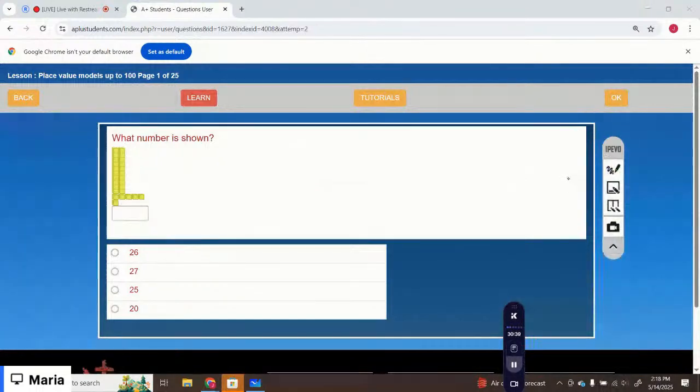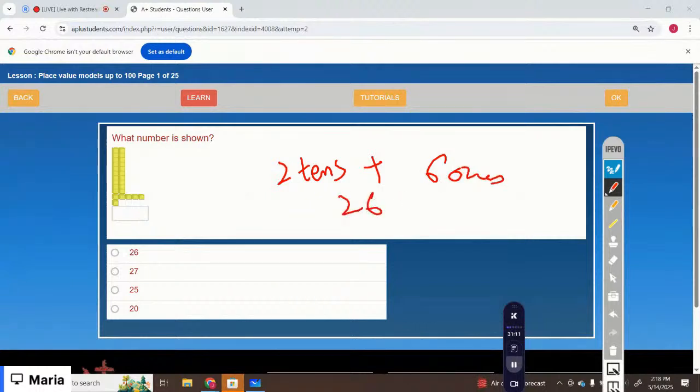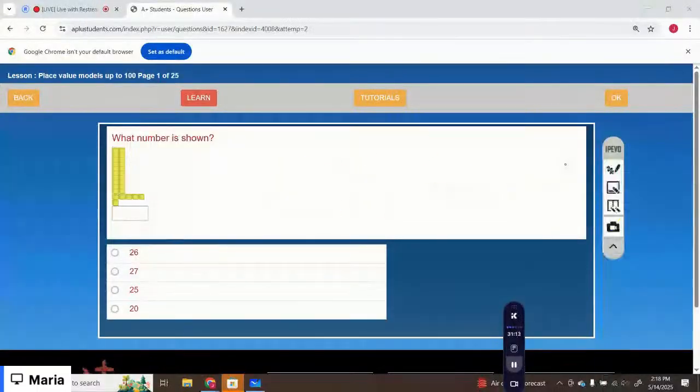So we have 1, 2 tens, and plus 1, 2, 3, 4, 5, 6. We have 2 tens and 6 ones. So together they make the number 26. Option number one is the correct option, that is 26.